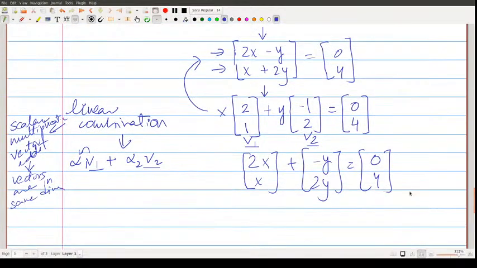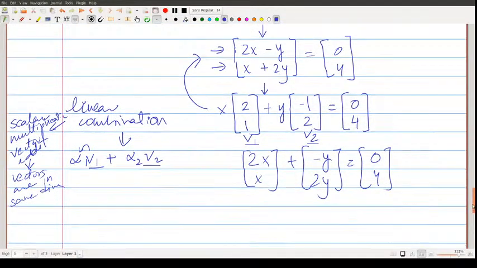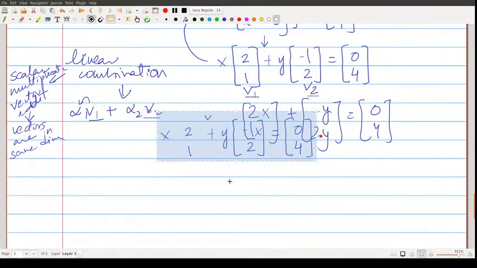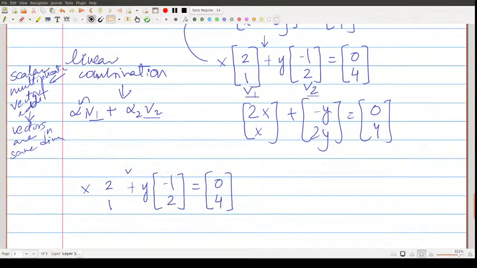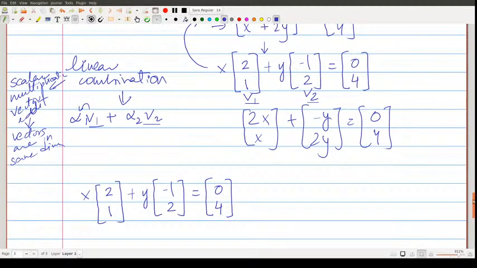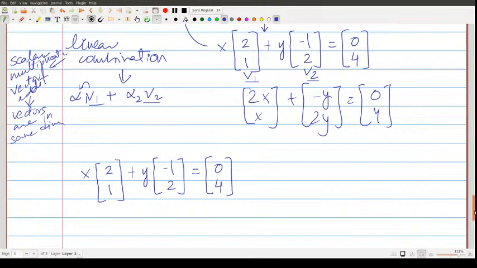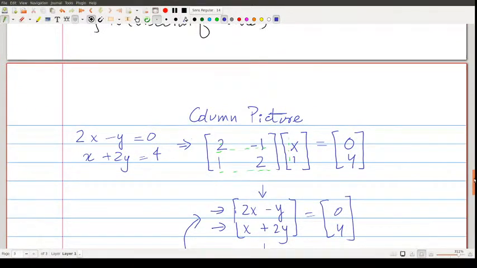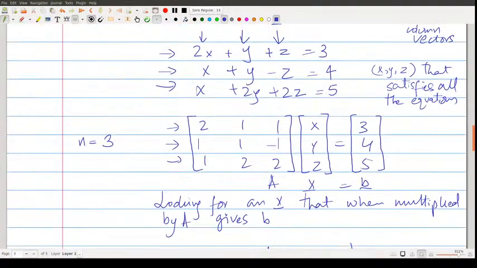So so far I've just told you that I'm interested in this particular form. This is the important bit. Let's write this down, and I really want you to get familiar and comfortable with this: whenever you see a system of equations, you can see it as a linear combination of the left hand side.